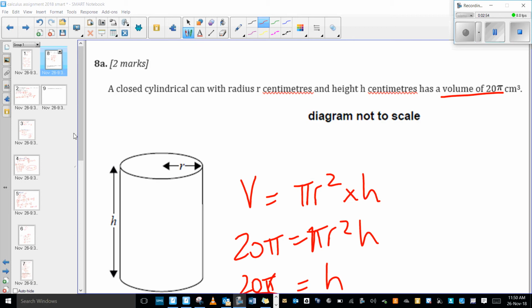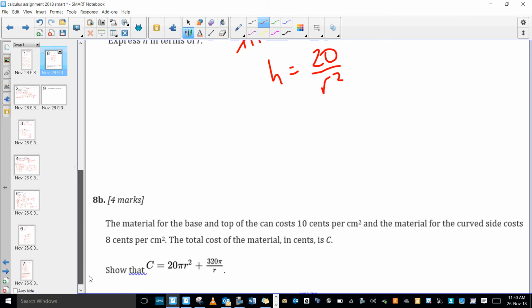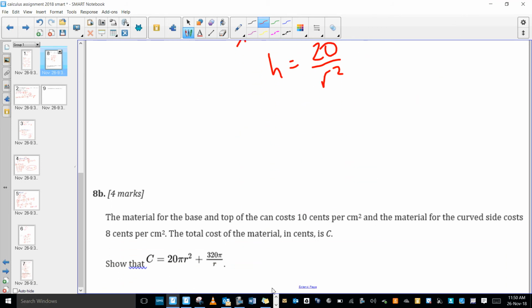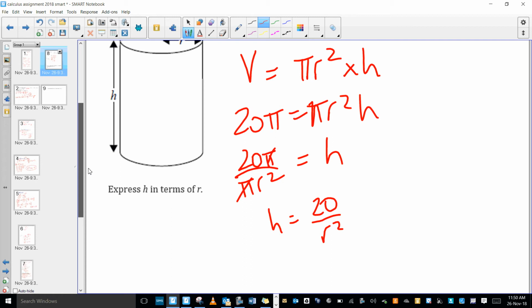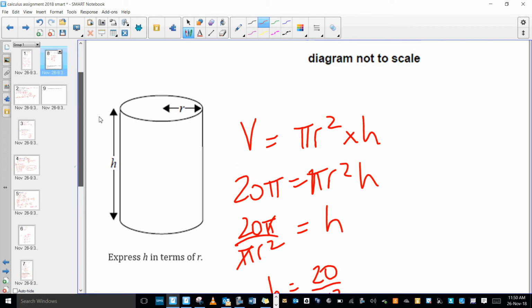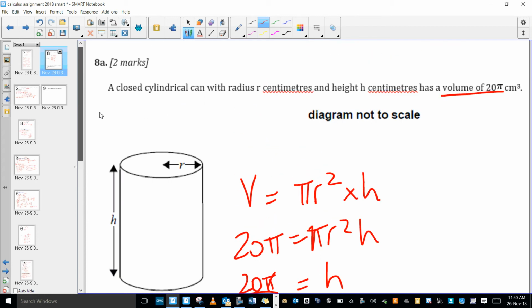Okay, next question. Material for the base and top costs 10, the material for the curved sides costs 8. Total cost is C. Show that C is this. Okay, so we're talking about the cost of making this can. We are trying to find, in other words, the surface area of it.